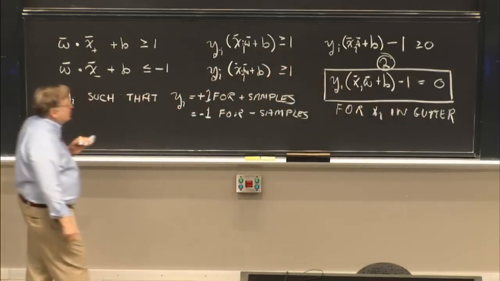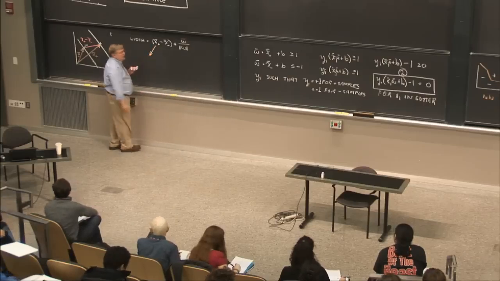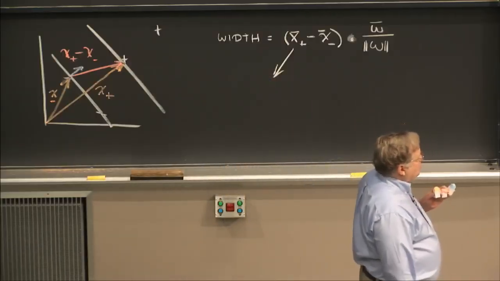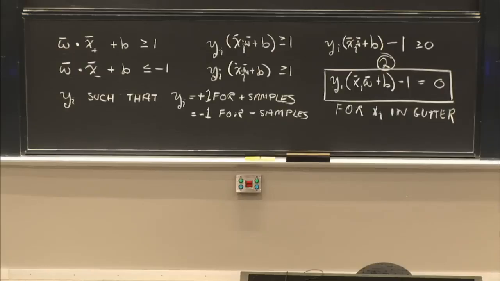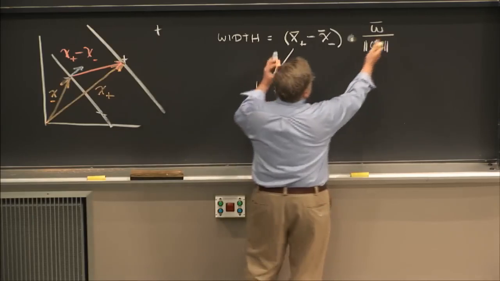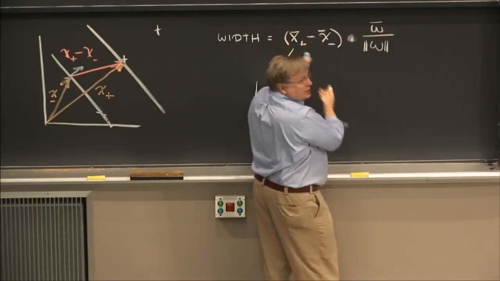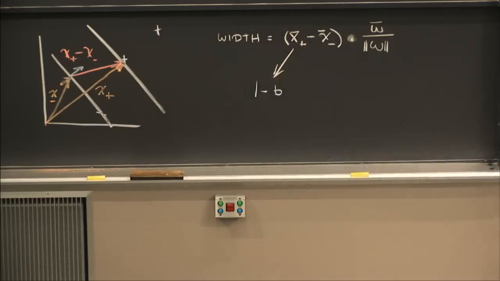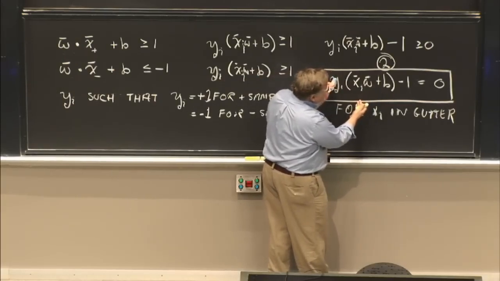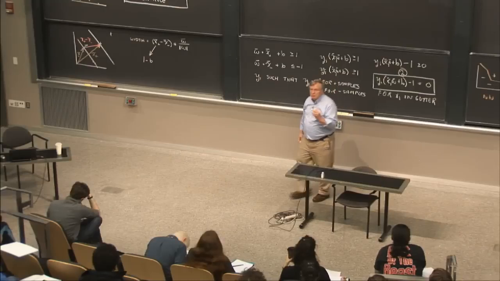It says that x plus times w is equal to 1 minus b. I'm just taking this vector here and dotting it with x plus. Y is 1 for this kind of sample, so I'll just take the 1 and the b back over to the other side, and I've got 1 minus b. Okay?